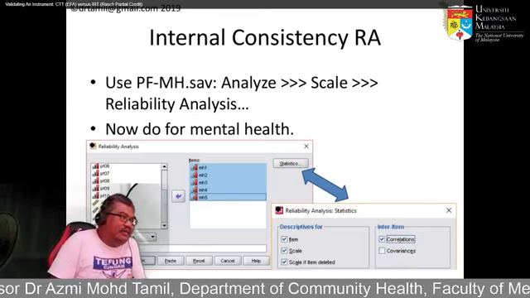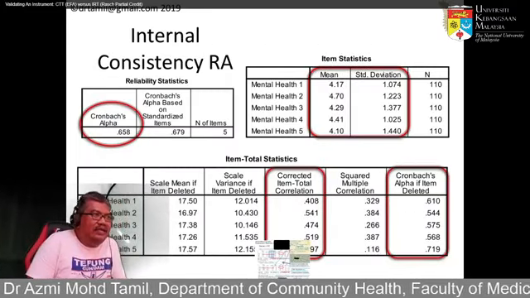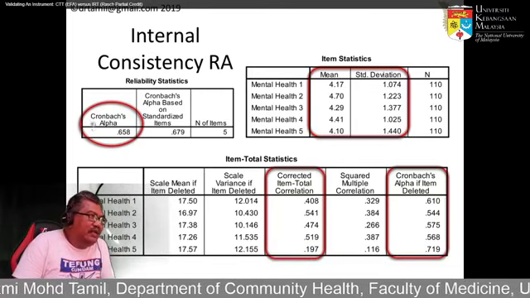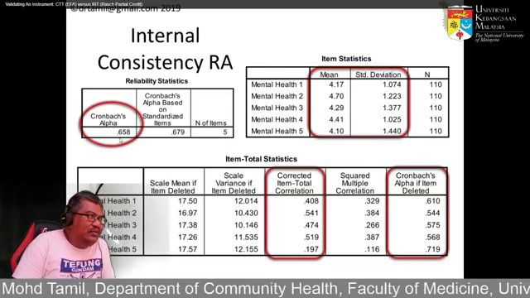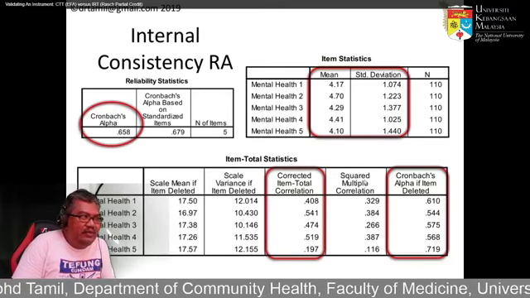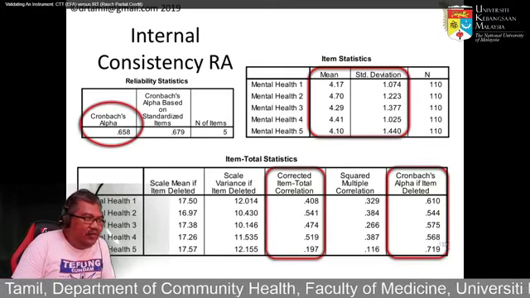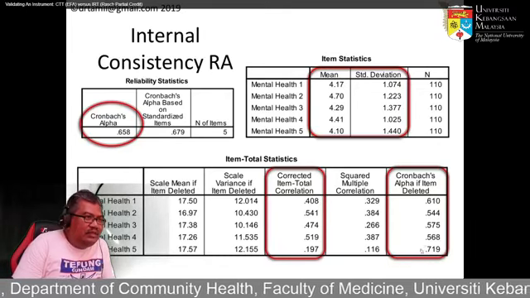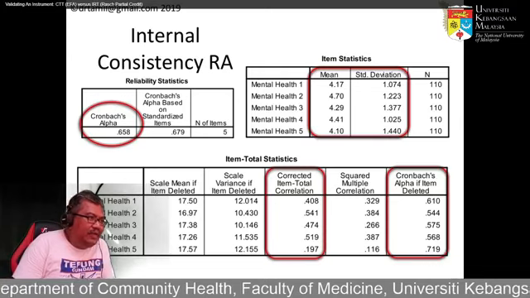So for mental health, the same thing happens. We run the analysis and we find that there is a problem we want to question. Why? You see here, Cronbach alpha 0.658 means this is not very good. You remove question number 5 and the questionnaire becomes better.